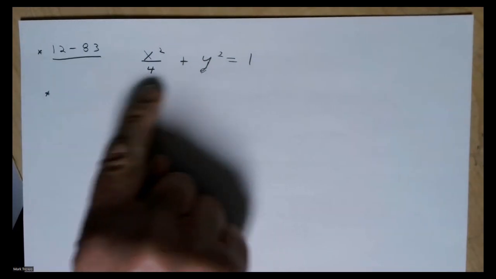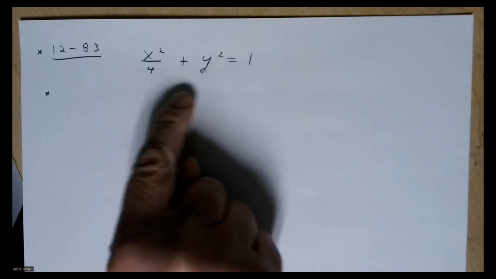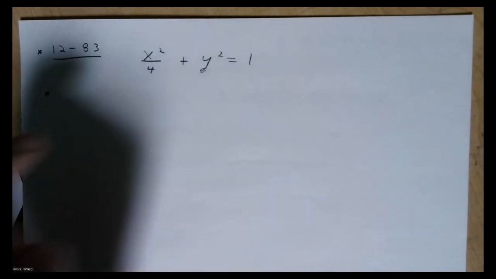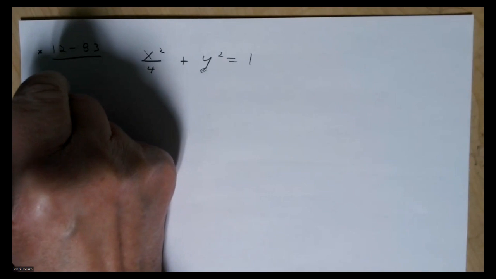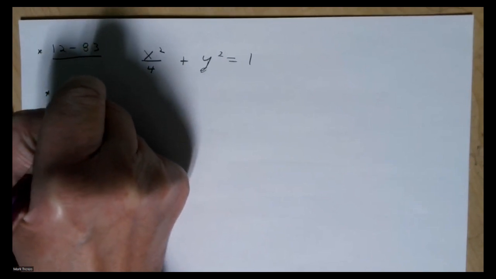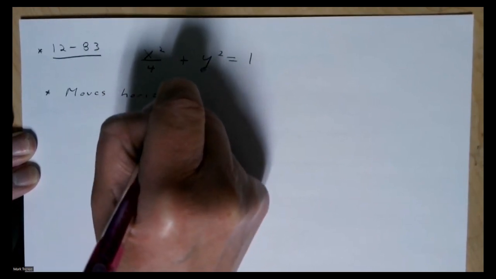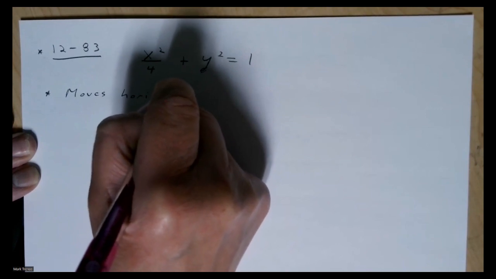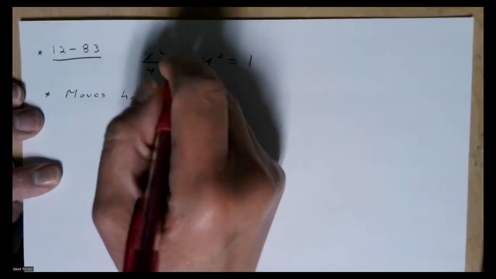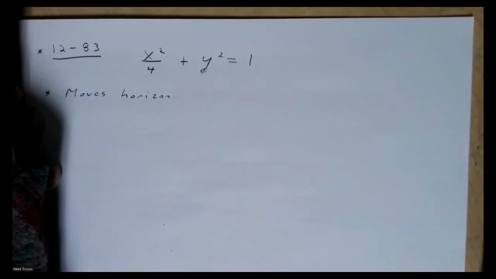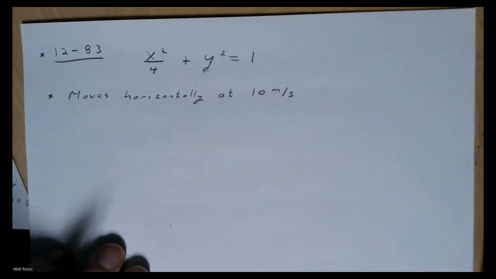So we're given this equation, and we're going to want to take implicit derivatives of this. But let's first write down what we know. Notice that the mechanism is moving to the right at 10 meters per second. So again, it moves horizontally at 10 meters per second.